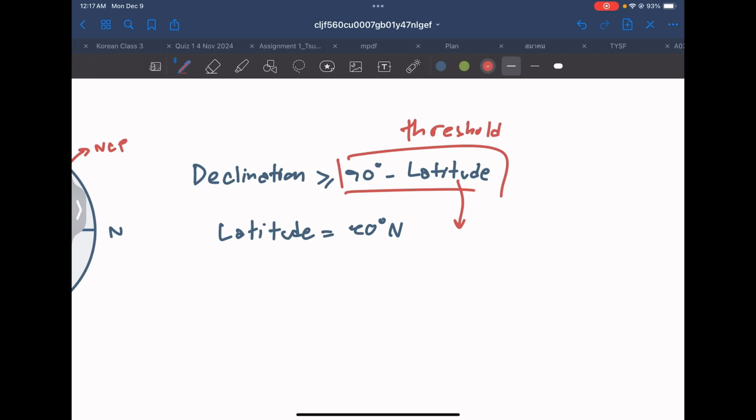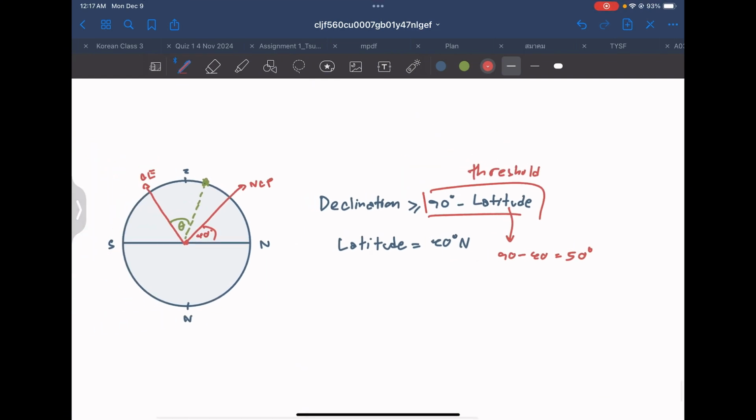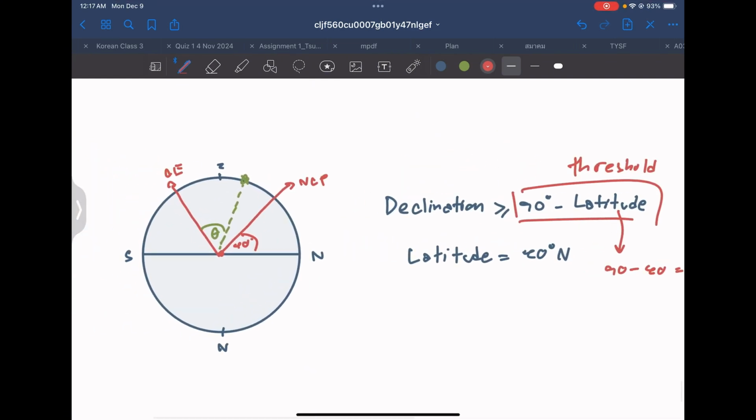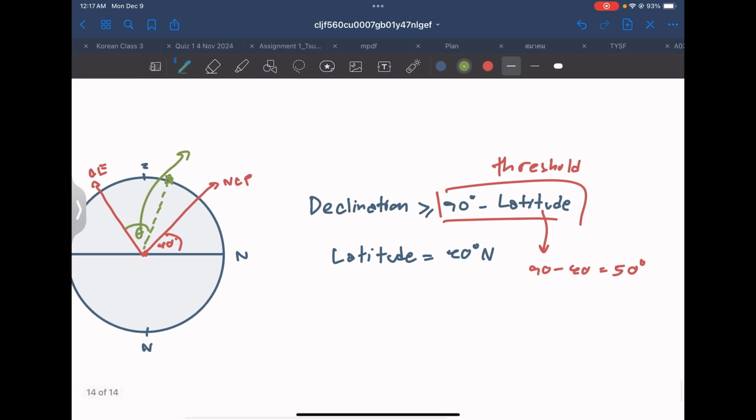For this example, the threshold is equal to 90 minus 40, which is 50 degrees, right? If the declination, which is this theta, is, say, 60 degrees, it is more than 50 degrees, therefore it is a circumpolar star.